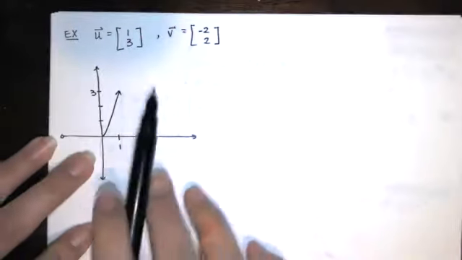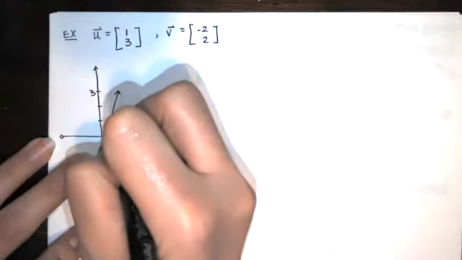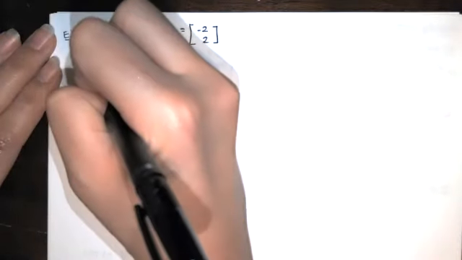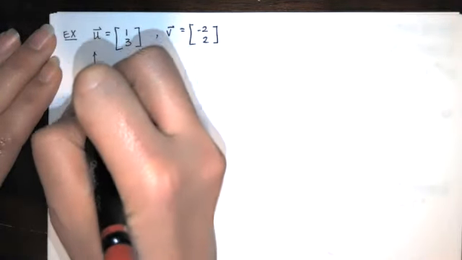And then I want to add to this vector u, tip to tail, the vector v. V says to go -2 units in the x direction, and then 2 units in the y direction. So we're going back 2 and up 2.